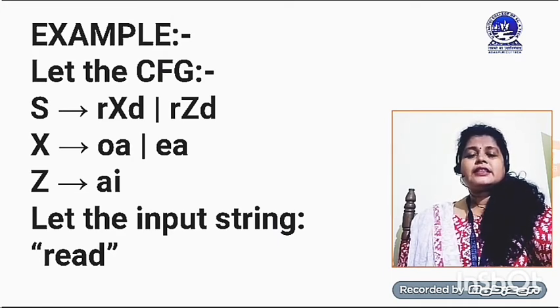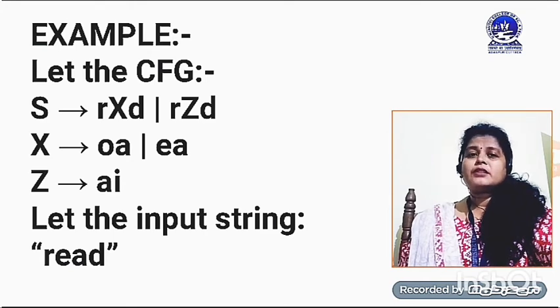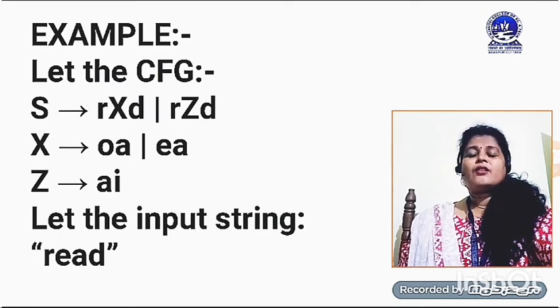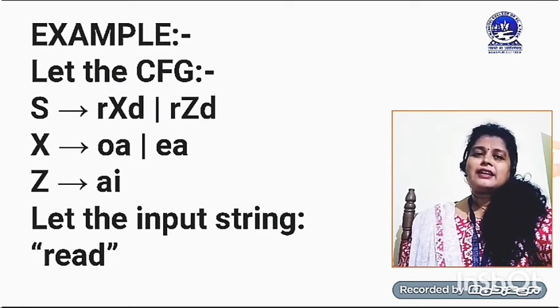Here you can see that the input symbols are in small letters, and in the production rules some symbols are in small letters and some in capital letters. All those in capital letters are non-terminals, and all those in small letters are terminals.